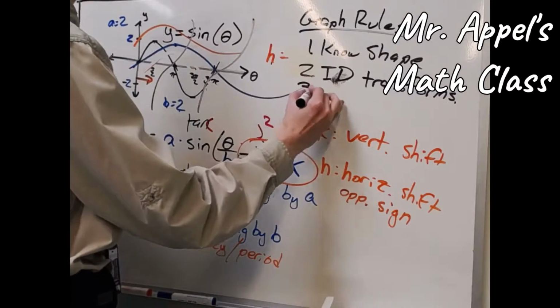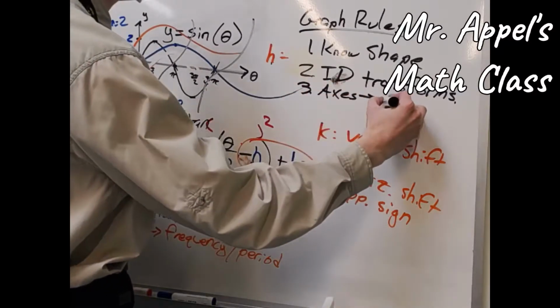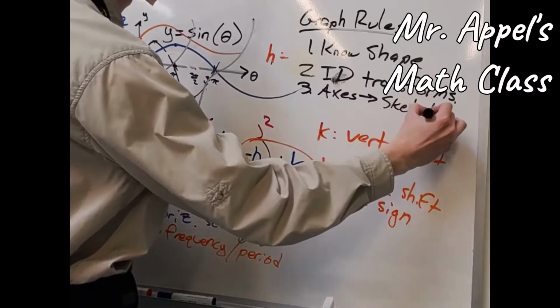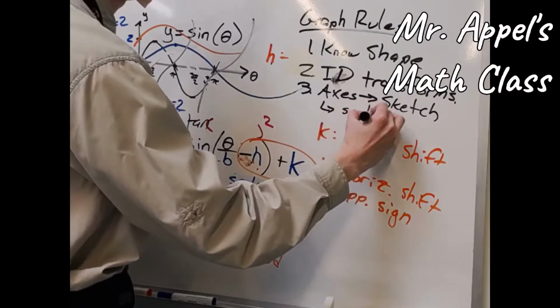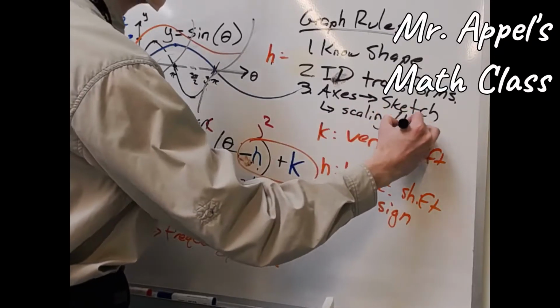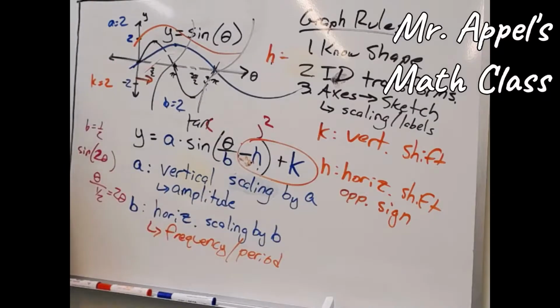And then axes, sketch, and scaling, and labels last for ease of use. Right? And that's it, you're done. 3 steps.